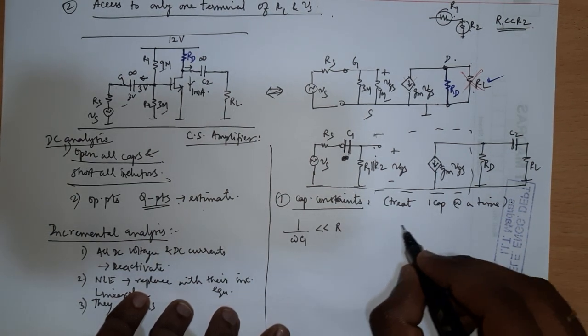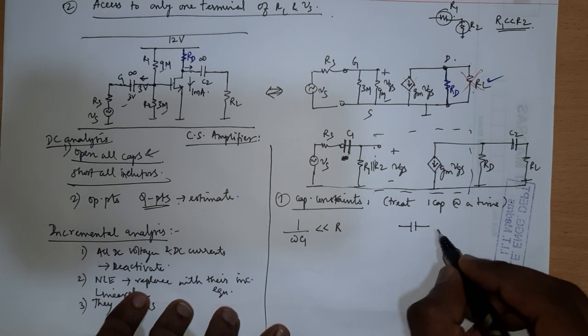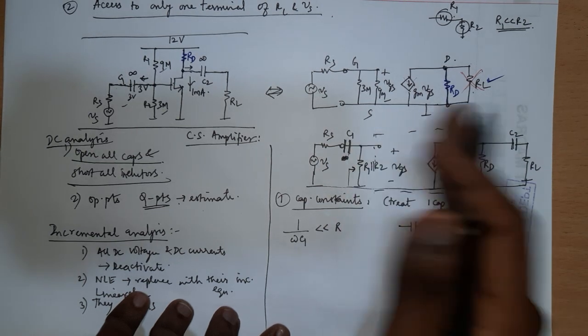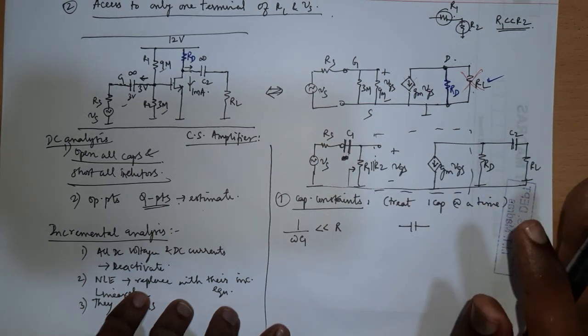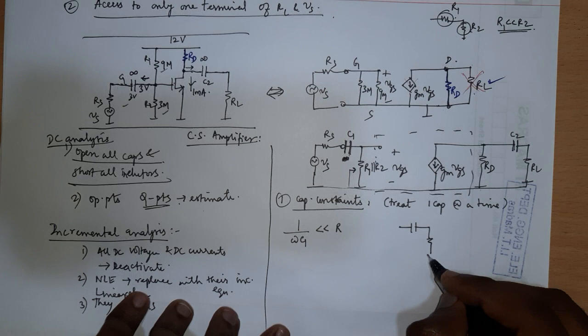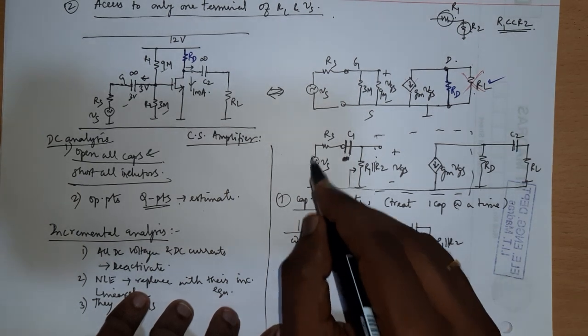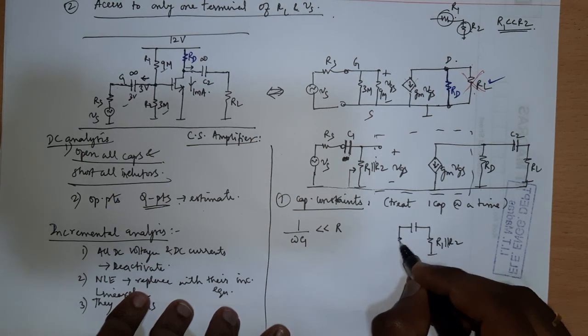So as far as C1 is concerned, C1 is here, and I have to figure out the input impedance. To the right of the capacitor, the effective impedance is nothing but R1 parallel R2. To the left of the capacitor, when this voltage source is shorted, I have only RS.